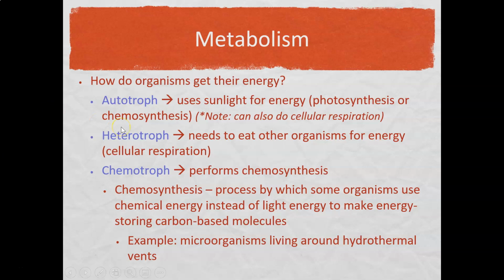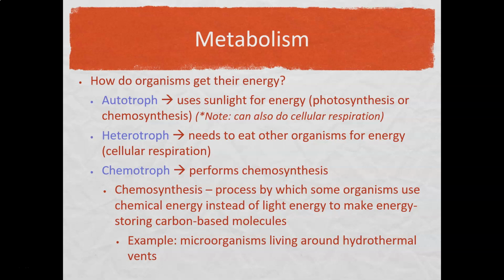So autotrophs make their own food, right, for all intents and purposes, either via photosynthesis, which we'll talk about a little bit later this year, or the chemosynthesis, where they're taking those inorganic compounds and converting them into sugars. Organisms living around hydrothermal vents, for example, are chemotrophs. Heterotrophs have to go eat something else in order to get the energy that they need to then produce ATP.